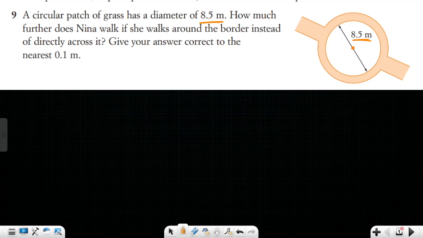Here, further means how much more, so it's something like subtraction. Give your answer correct to the nearest 0.1 meter.